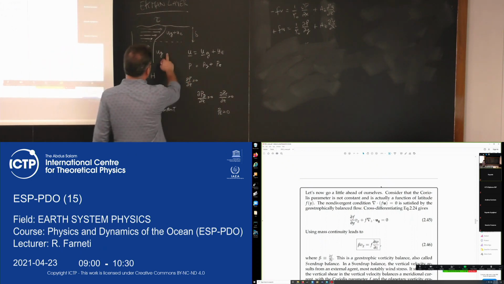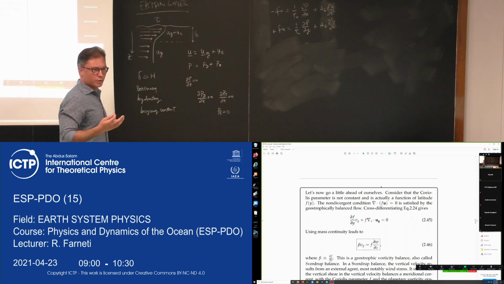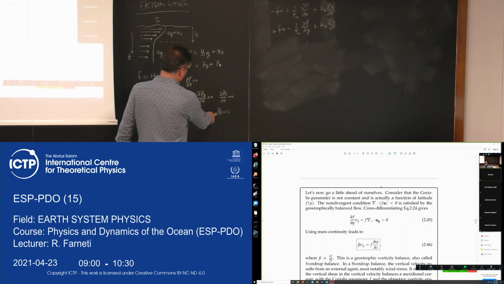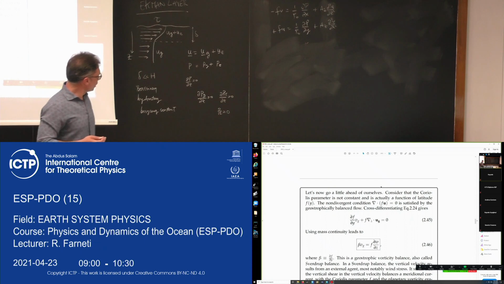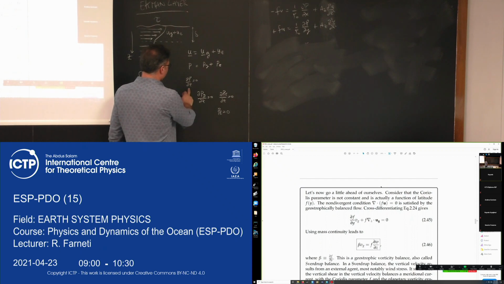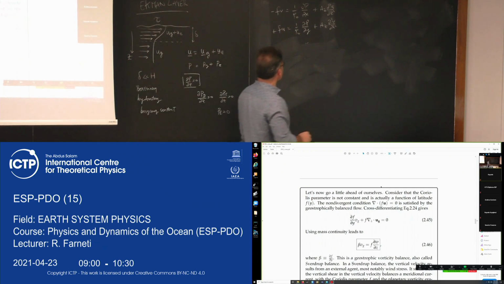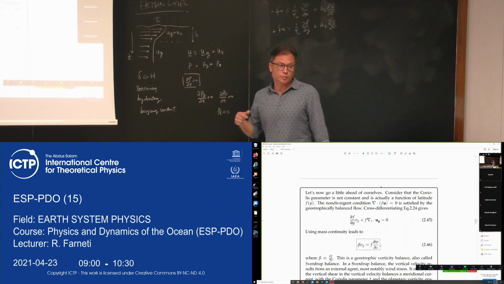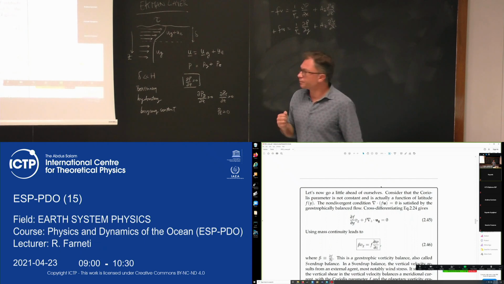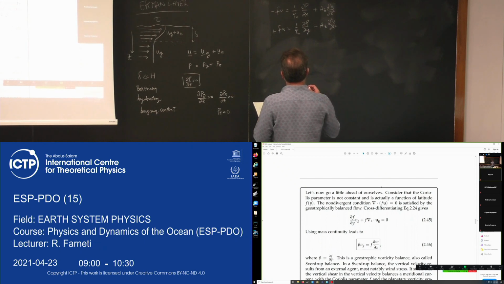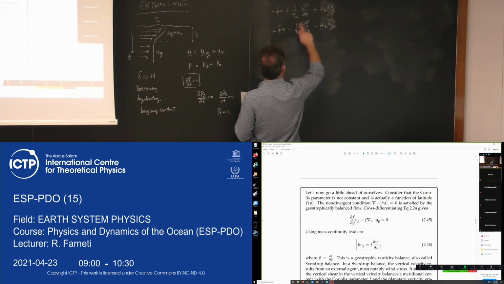Okay. Because there's no contribution within the interior, because all the Ekman parts are equal to 0. And so if the Ekman contribution to pressure vanishes in the interior, then it will have to be 0 everywhere in order to satisfy the hydrostatic balance. So this is 0. So if we go back to the momentum equation, so there is a boundary layer in the velocity, but there is no boundary layer in pressure. Okay. So if we go back to our momentum equation, I can put this into a single one.